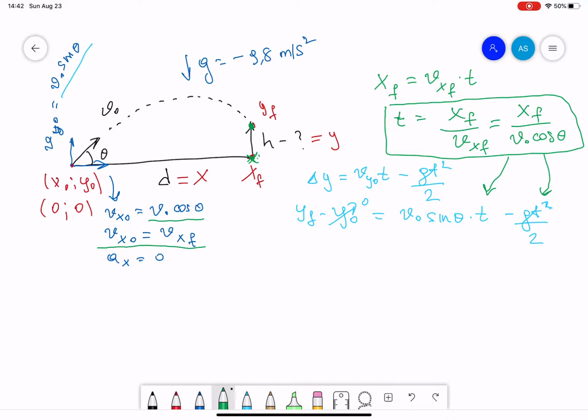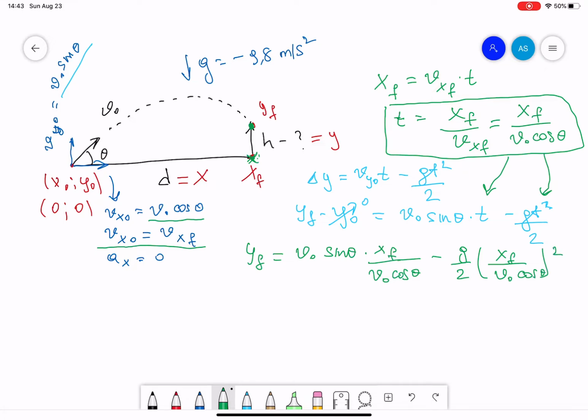That means y final is equal to v initial sine theta times x final divided by v initial cos theta, minus g over 2 times x final over v initial cos theta, squared.